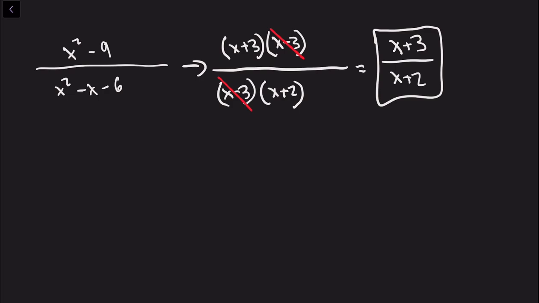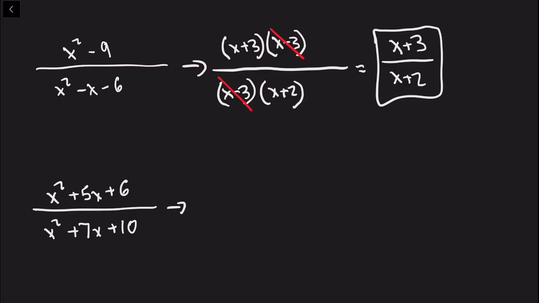Let's do another one right underneath it. If we have x squared plus 5x plus 6 on the top, and then we divide it by x squared plus 7x plus 10, let's see how we can simplify this. So we can rearrange the top to be x plus 2 times x plus 3.